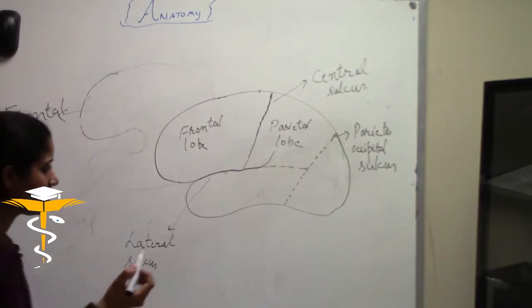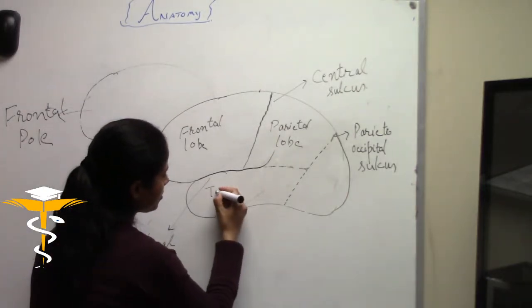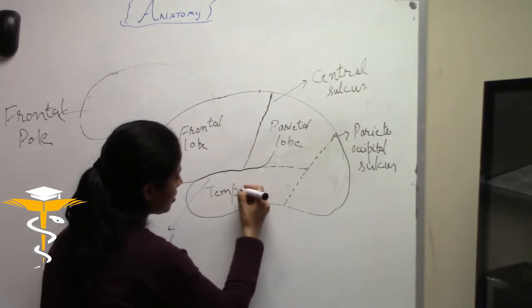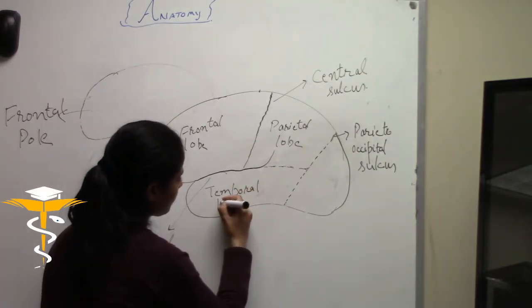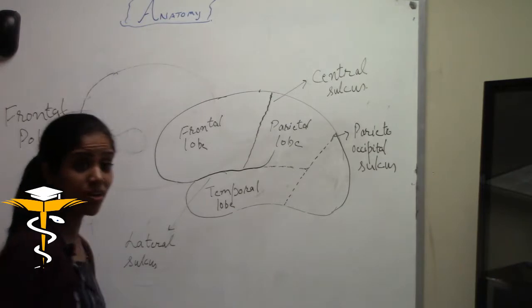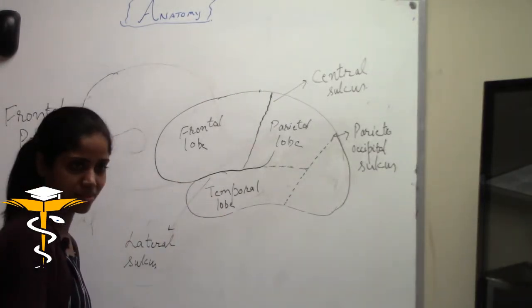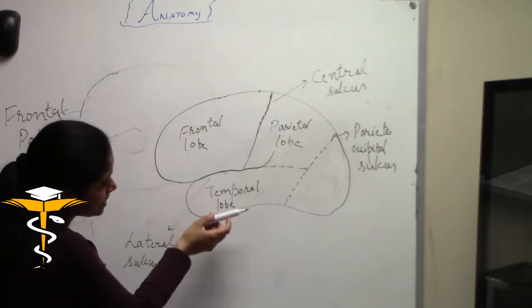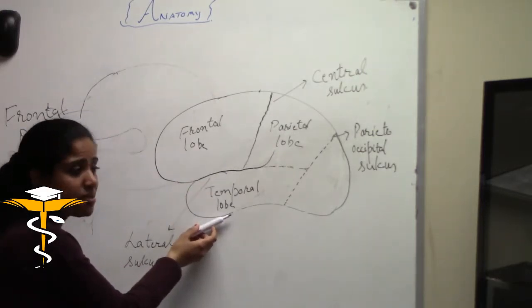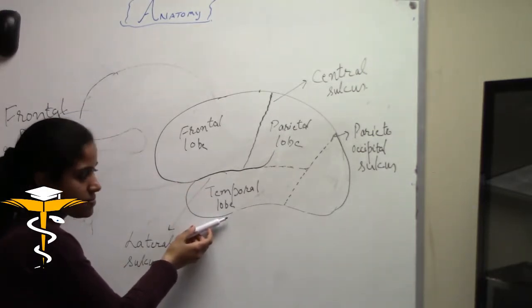The third lobe is the temporal lobe. And where is it located? It is located below the lateral sulcus, or we can say in between the lateral sulcus and which border of the cerebrum? Inferolateral border.